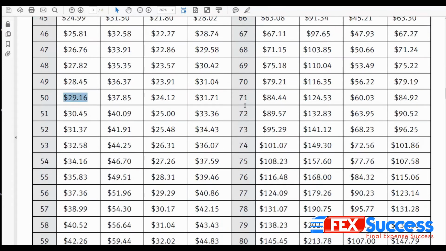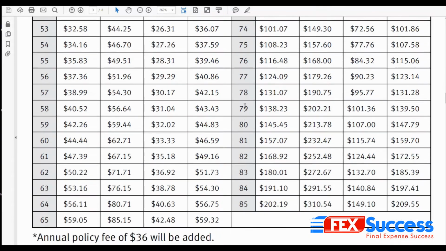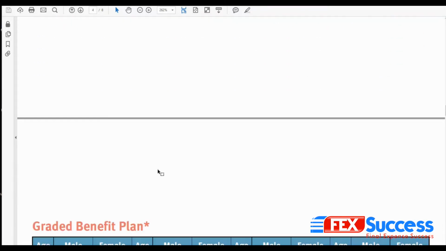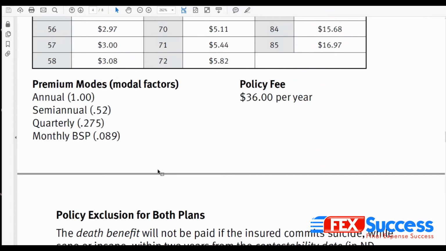That gives you the annual premium for the insurance of $291.60. Now you need to add the carrier's policy fee, so we're going to add $36 to that. Your annualized premium for this policy would be $327.60.